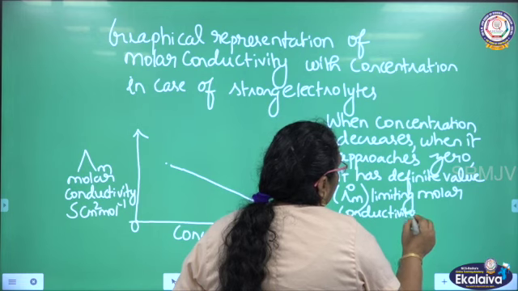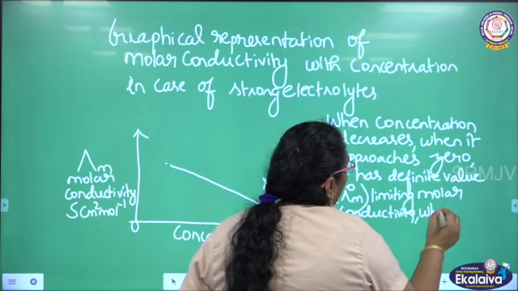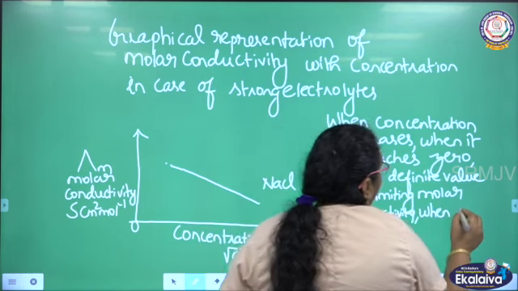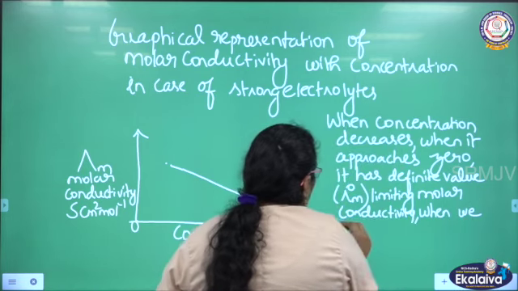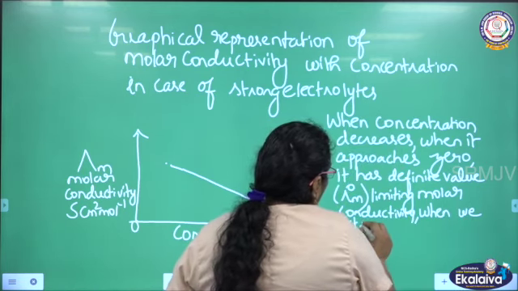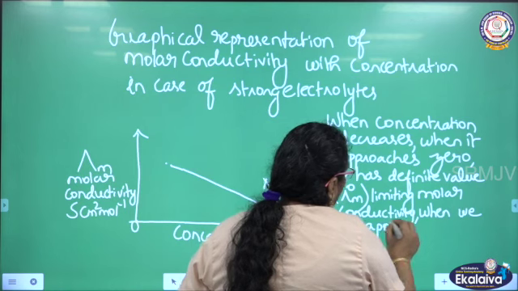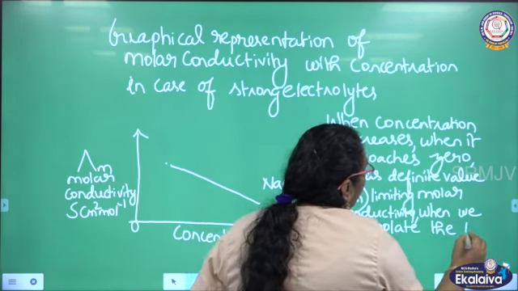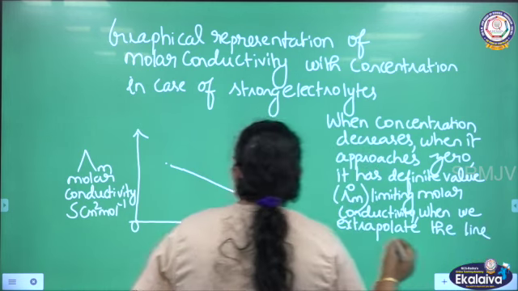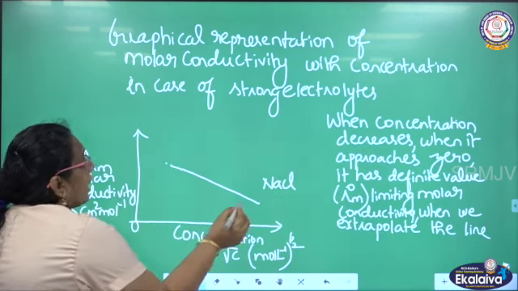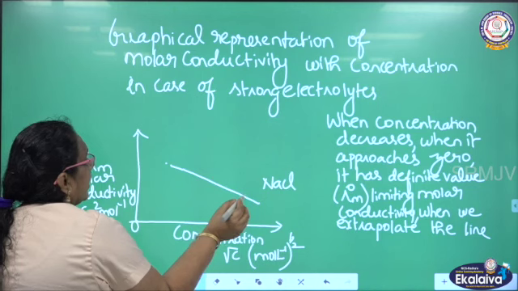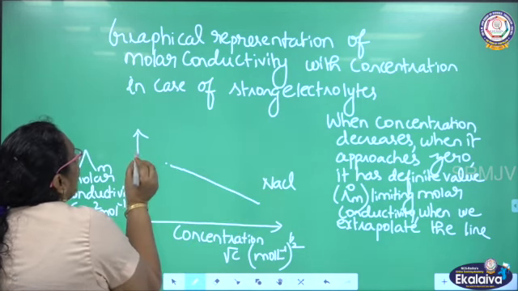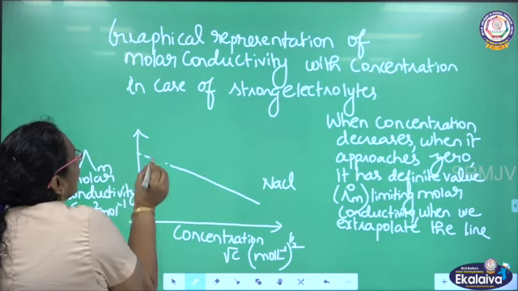Limiting molar conductivity is obtained when we extrapolate the line. So, what is happening here? When the concentration decreases and approaches 0, I am extrapolating the line.